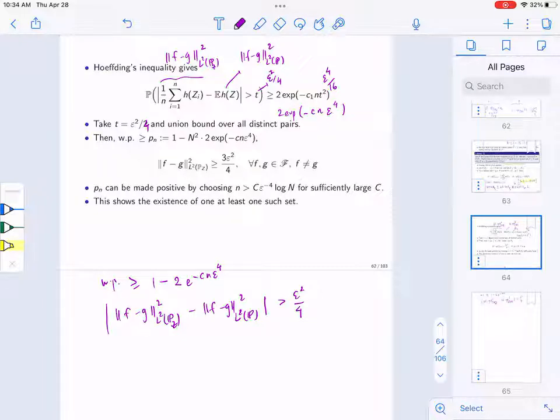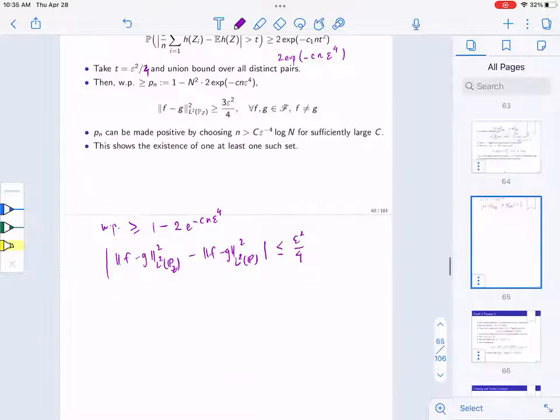Sorry, the other way around. I'm flipping it, okay. And so in particular, it says that norm f minus g L2(P_z) is bigger than or equal to norm f minus g L2(P) minus epsilon squared divided by 4.